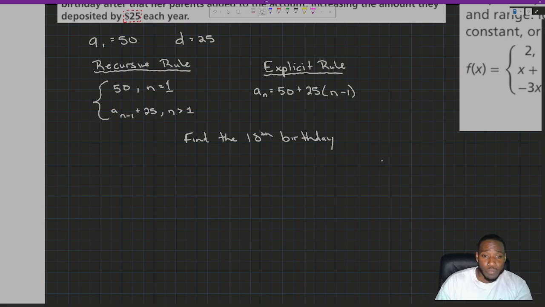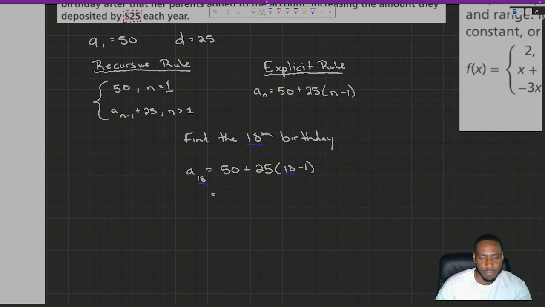So, I'm going to say A18 is going to be equal to 50 plus 25 times 18 minus 1. And that 18 tells us what we're plugging in for n. And now we're just going to go ahead and simplify.